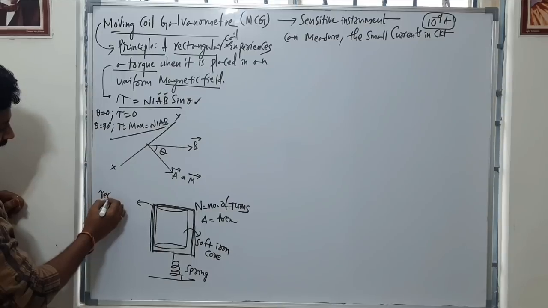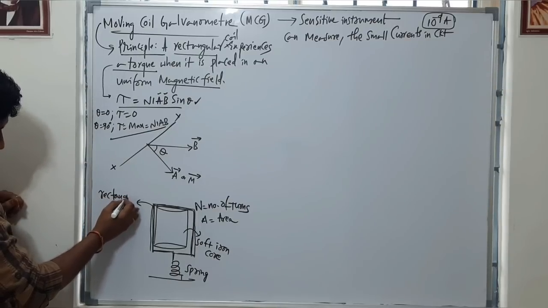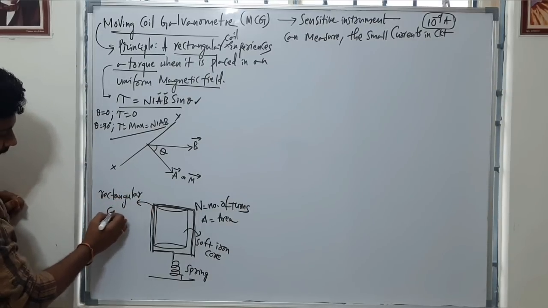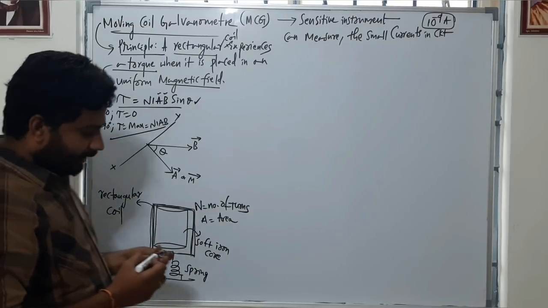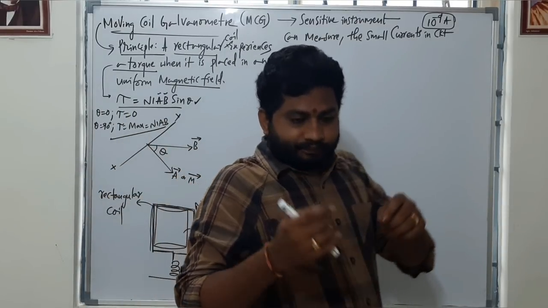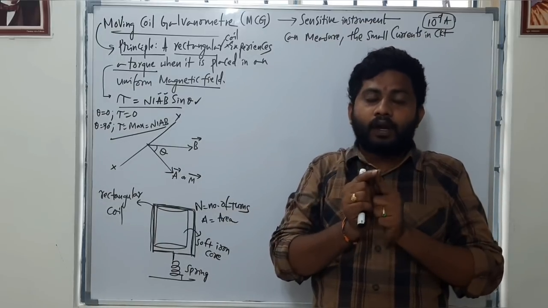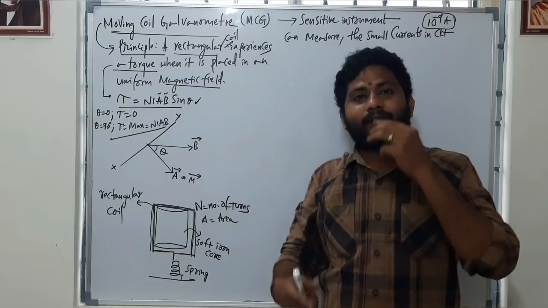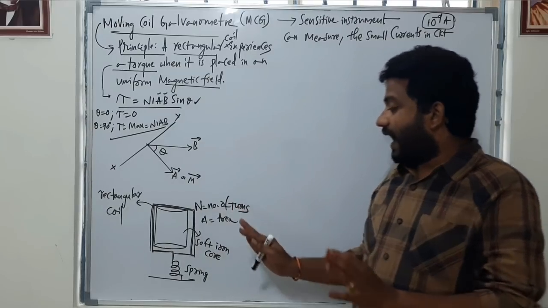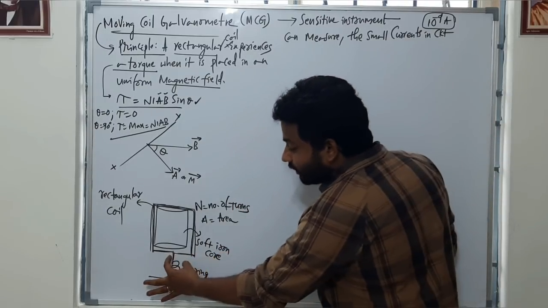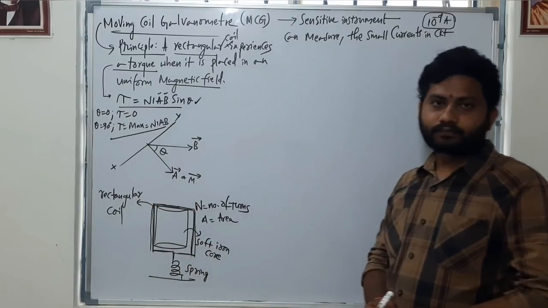This is a rectangular coil which is kept on the cylindrical soft iron core. A rectangular coil is having N number of turns and area of cross section, and the coil is connected to the spring here.